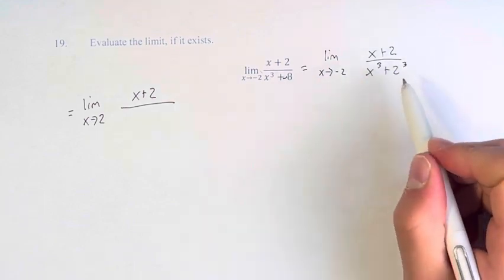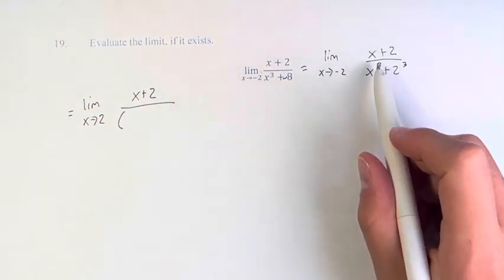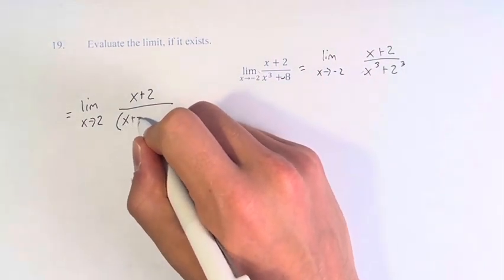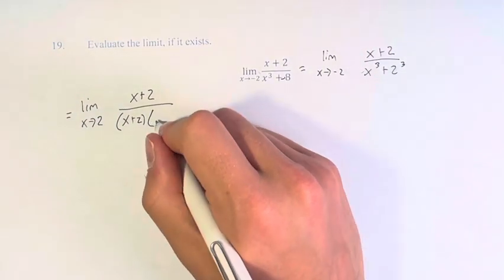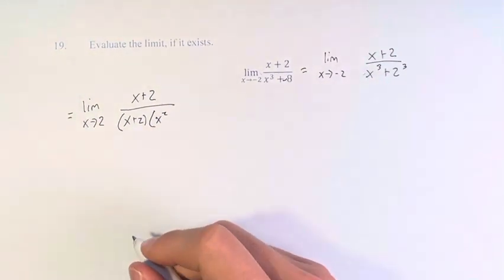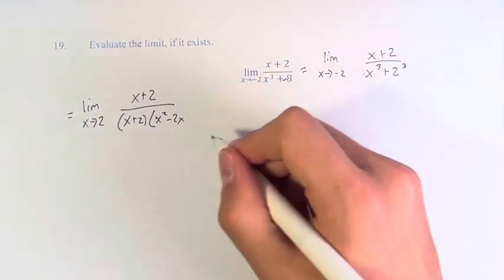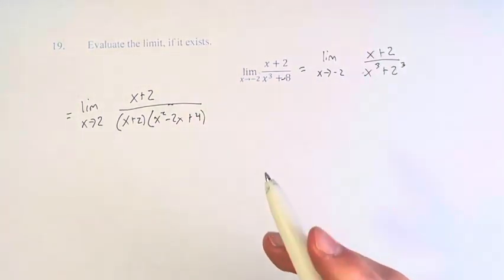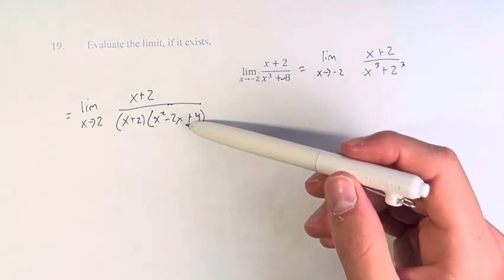And we know how to factor the sum of two cubes, or if you don't, you take the sum of the two things being cubed, x + 2, and you multiply it by the first one squared minus the product of the two things, minus 2x, plus the second one squared. That is the formula for the sum of two cubes.